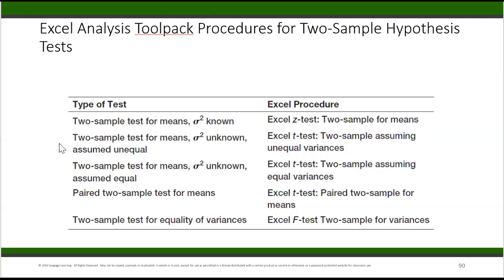But if you take a random list of items from Walmart and a random list of items from Target and then compare the prices, that would be a case of independent samples, and that would be this type of test. I'm going to explain the difference later on. So 1, 2, and then 3, the two-sample test for equality of variances. So we're going to do these 3 types of tests for two-sample hypothesis testing.